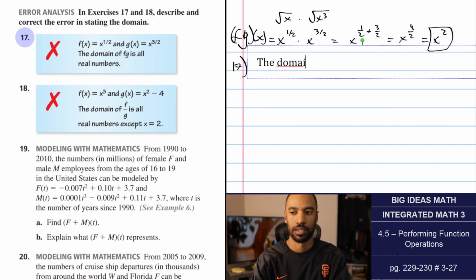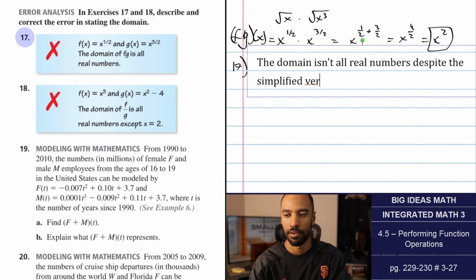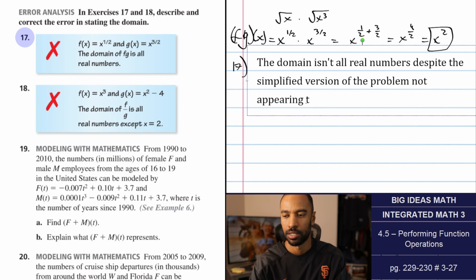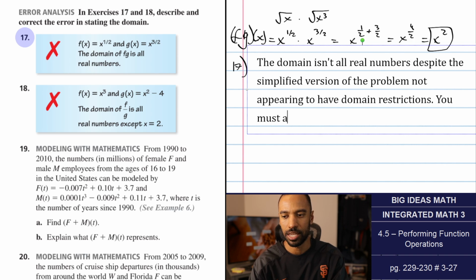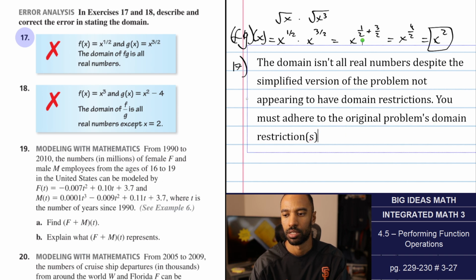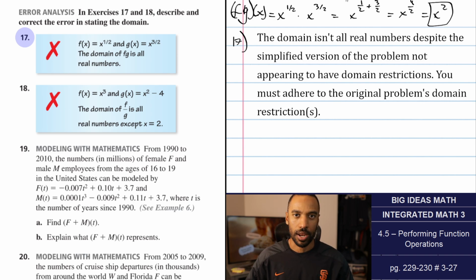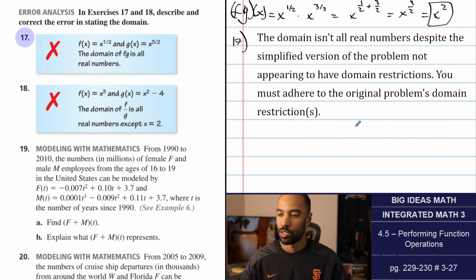The domain isn't all real numbers, despite the simplified version of the problem not appearing to have domain restrictions. You must adhere to the original problem's domain restrictions. So, with that said, domain is x is greater than or equal to 0.